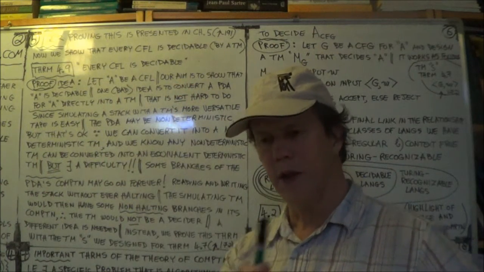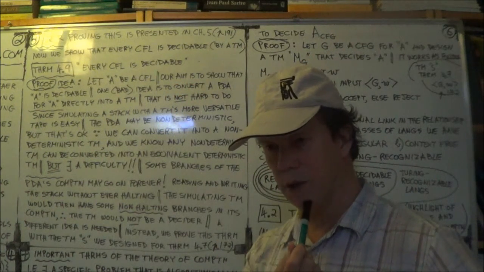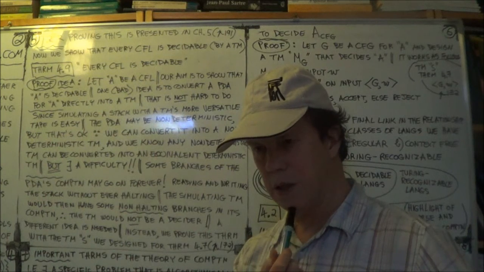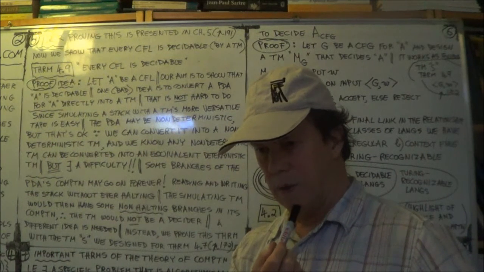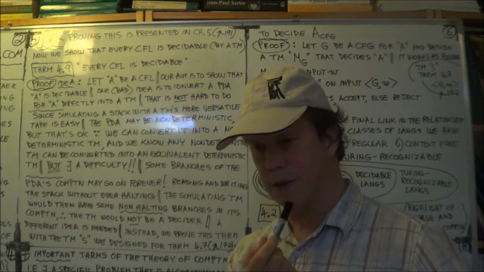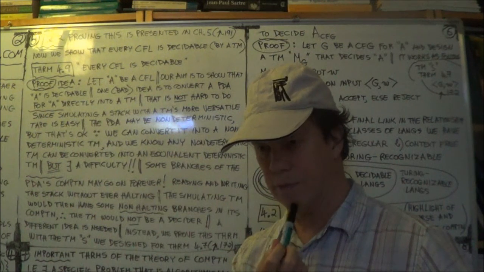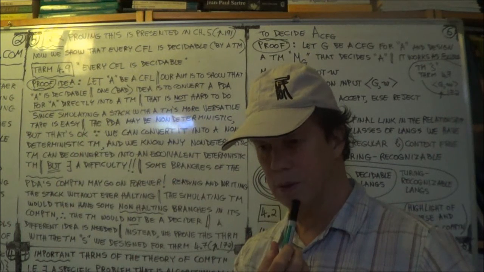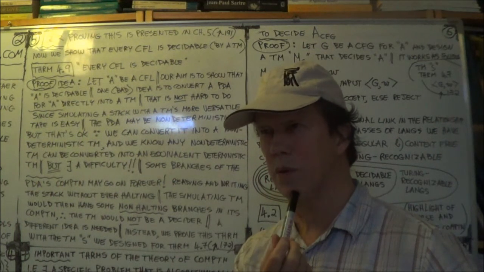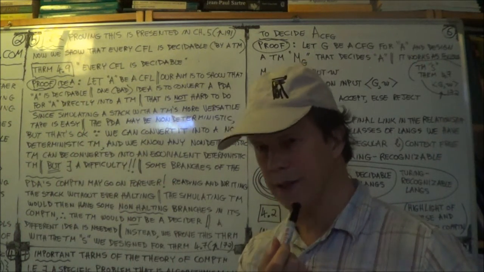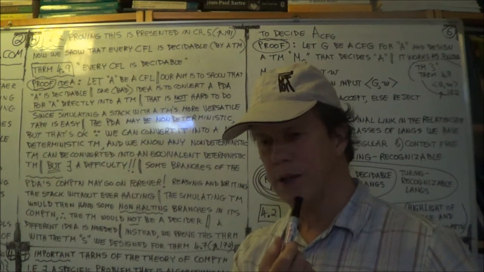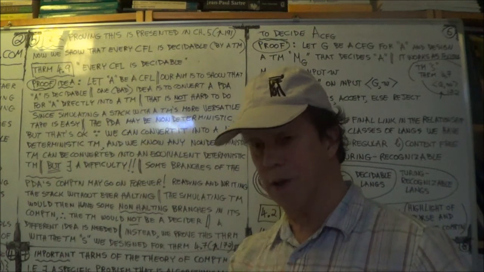I'm thinking real time here. You can find a Turing machine that recognizes the language. Now, wait a minute, we want more than recognizes. We want it to decide. It's got to be more than just saying yes, this particular string does belong to the language.